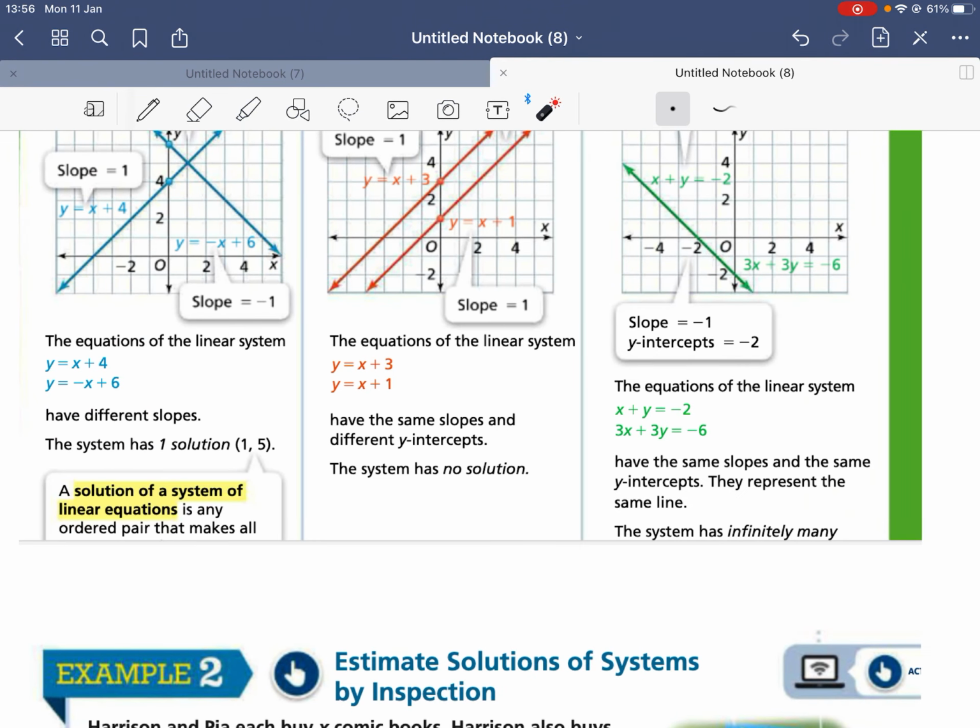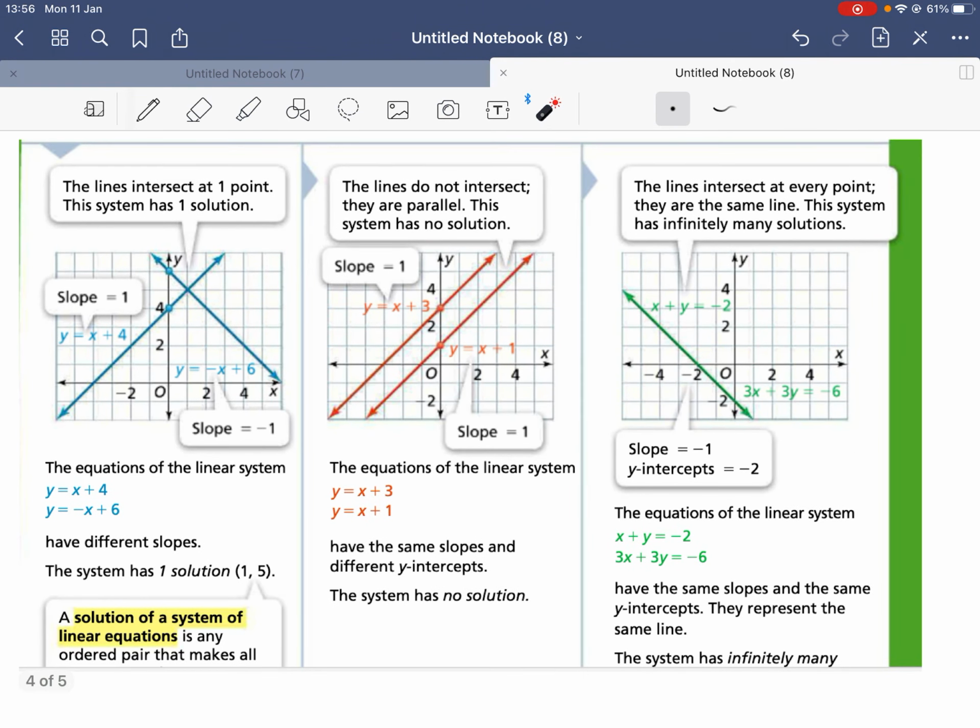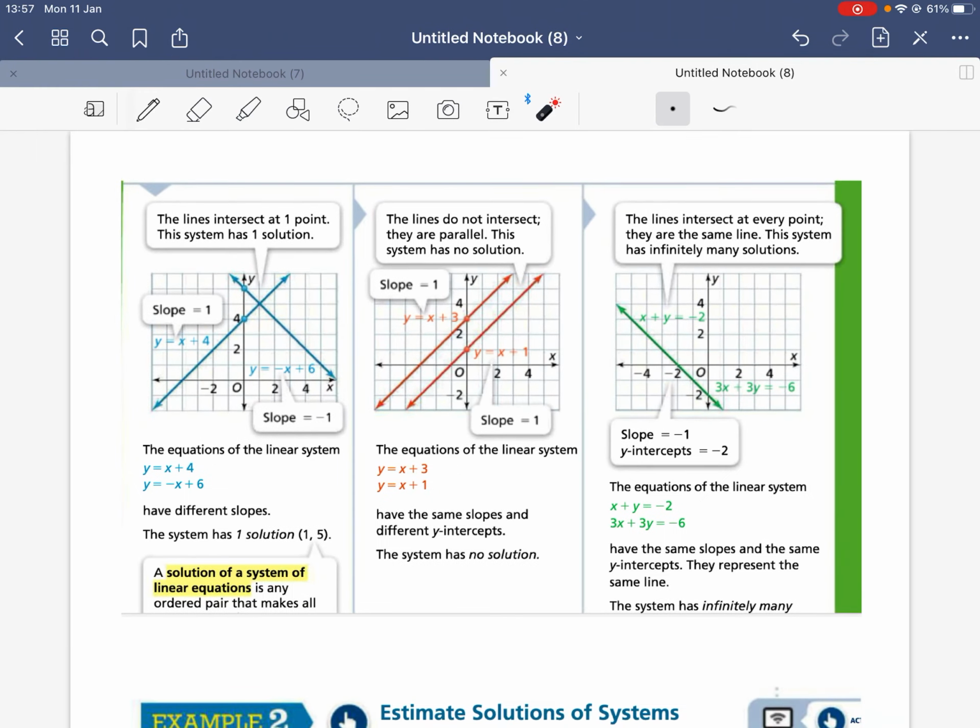This here is just summarizing what I just discussed. You can pause the video and look at the equations a little bit and investigate how they're the same or how they're different. Eventually, we will be looking at how to graph linear equations on a graph.